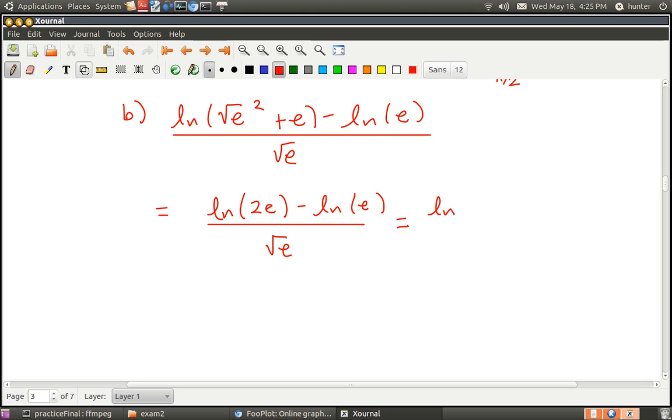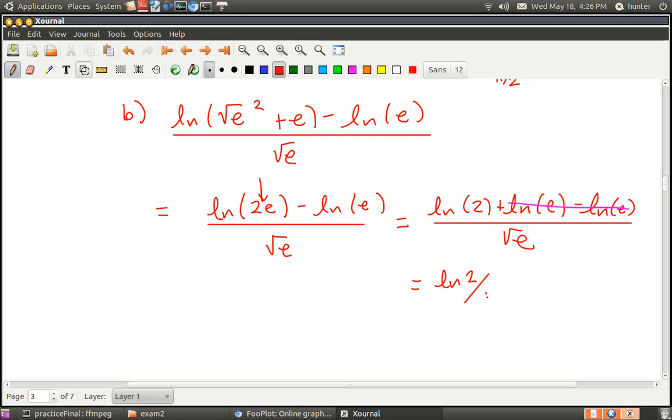Can turn this into ln of 2 plus ln of e. So I just split this product into a sum, which is what log likes to do. Minus ln of e all over the square root of e. And look at this. These two things annihilate. And what we have left is ln of 2 over the square root of e.